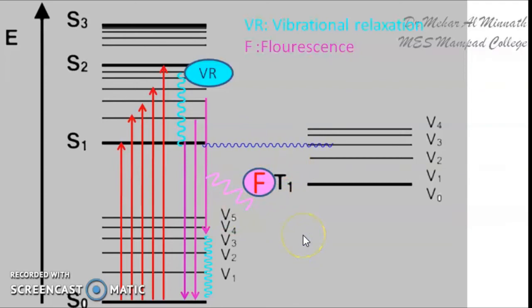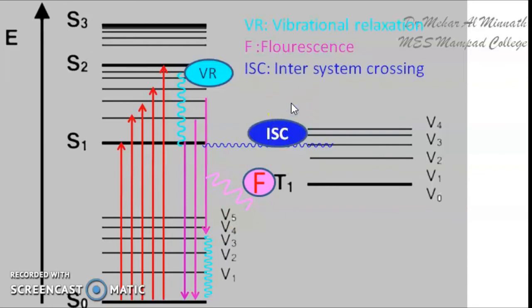Another relaxation process is between different states, that is between singlet state and triplet state. Transition between singlet state and triplet state is called intersystem crossing, ISC.